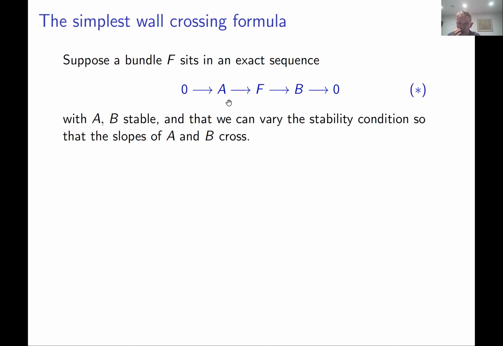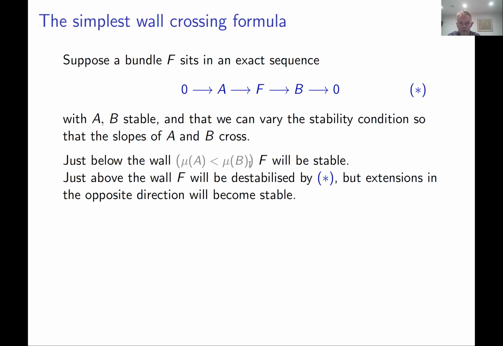Okay, and now we're going to suppose we can vary the stability conditions so that the slopes of A and B cross. So you might vary the Kähler form so the degree of A starts getting bigger and the degree of B starts getting smaller, and their slopes cross. Just below the wall, where the slope of A is less than the slope of B, F will be stable.